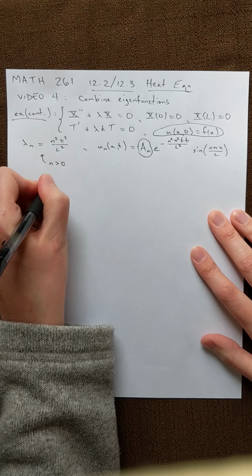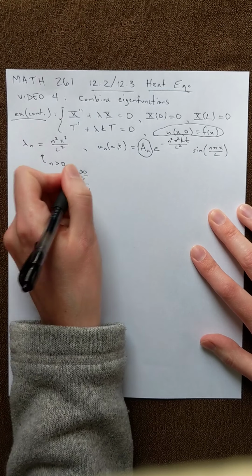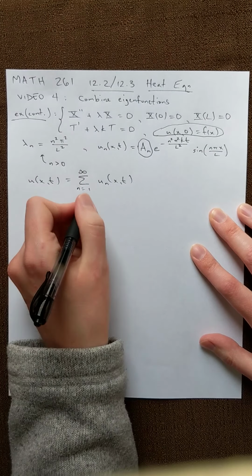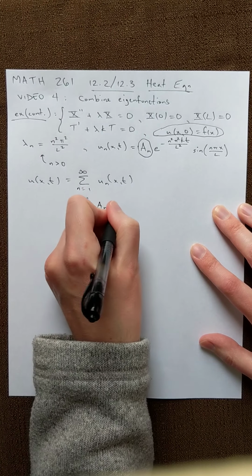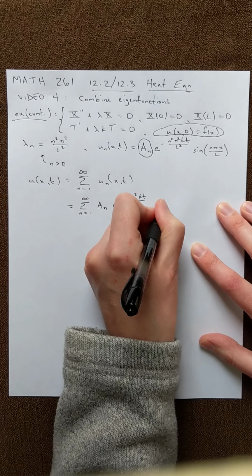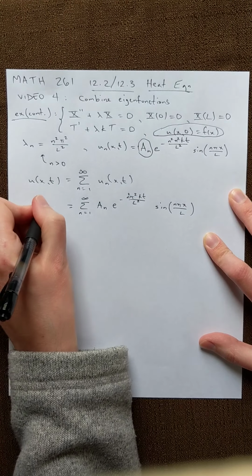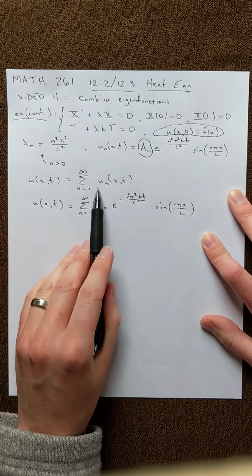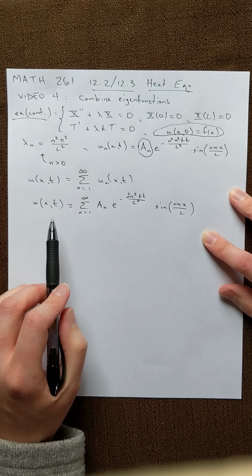So our general solution, u of x,t, is going to be a sum from n equals 1 to infinity of u_n of x,t, which means that it's a sum from n equals 1 to infinity of a_n e to the minus n squared pi squared kt over L squared sine n pi x over L. Okay, so adding up all the u_n's should give us the big whole shebang, all the solutions.